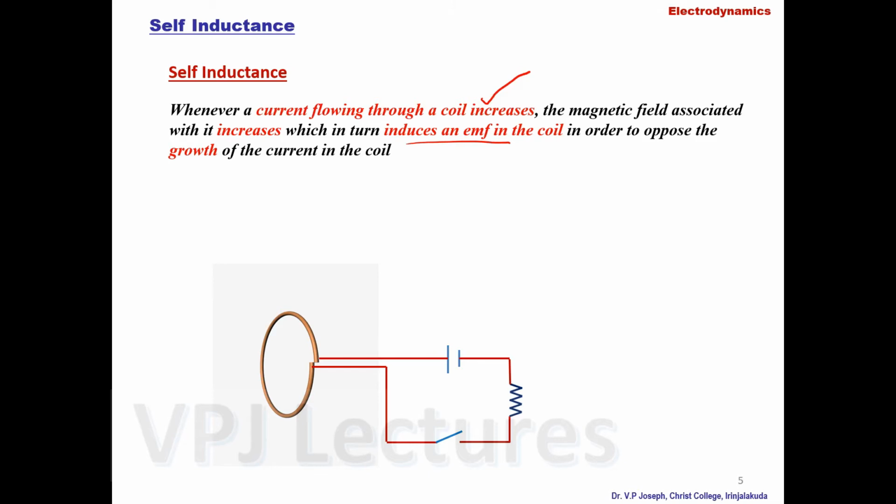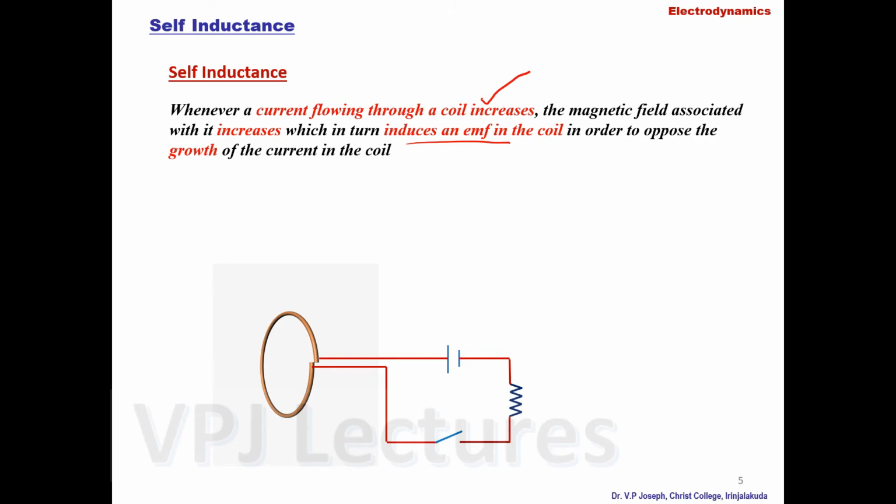of current. We know that when a current flows through the coil, it generates a magnetic field, and the magnetic field is associated with that coil itself. So the magnetic field associated with the coil is changing due to the current flowing through the same circuit or conductor. By the principle of electromagnetic induction, whenever the magnetic field associated with the coil changes, an EMF is induced in the circuit in order to oppose that.